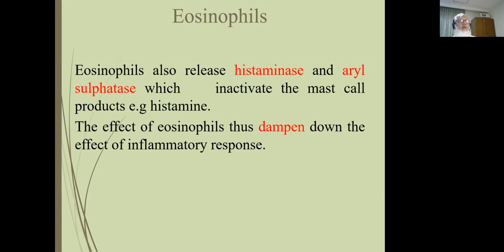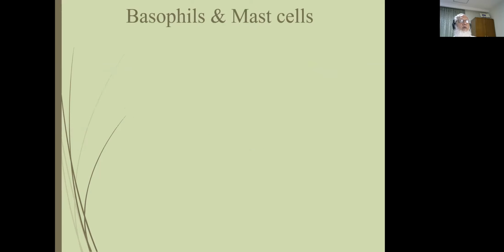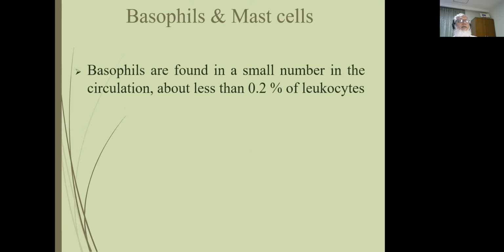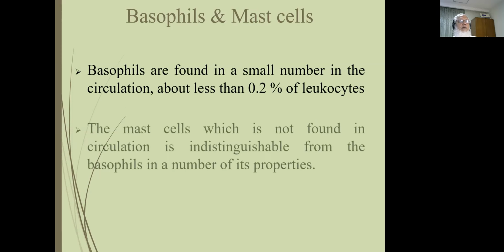As you know, eosinophil increase is not bad for us; if eosinophil is high, that is an indication of allergy, but it protects us. Basophils are found in a small number, 0.2% of leukocytes, and mast cells, which are not found in circulation, are indistinguishable from the basophils.